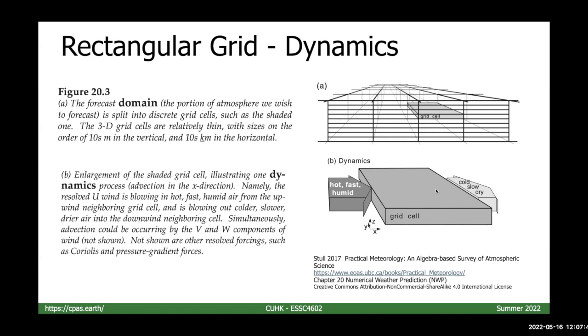And on the other side, the neighbor becomes colder, the wind moves slower, and the moisture becomes less. So the change of these variables happening in this cell is to be calculated by the computer program. We call it the dynamical core of the NWP.